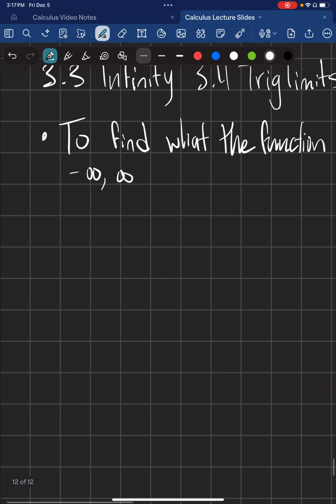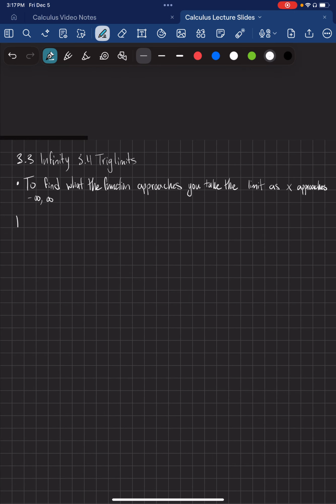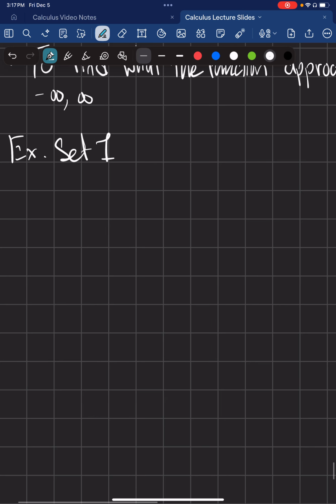Okay, so for our first examples of this, let's say example set one, as a really easy limit: the limit as x approaches infinity of 2x plus 1. When we see something like this, we're trying to figure out what happens as x gets really, really big.